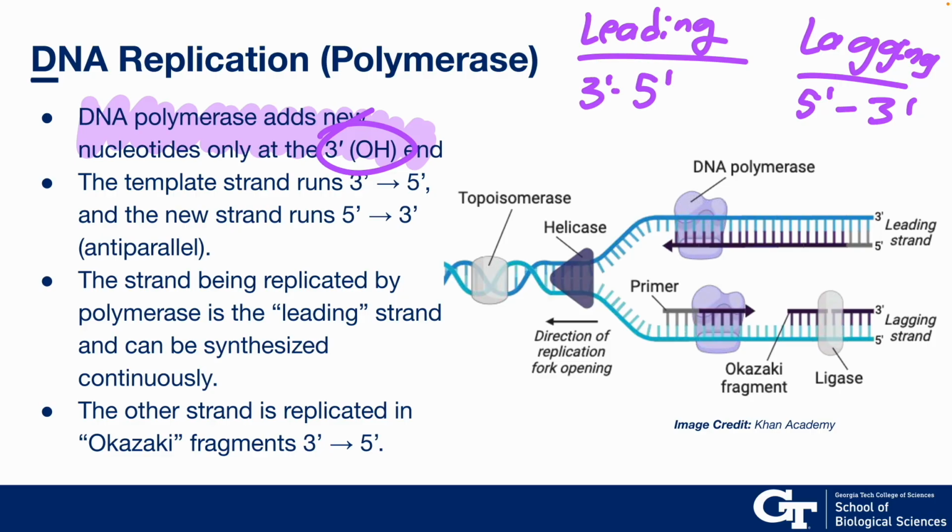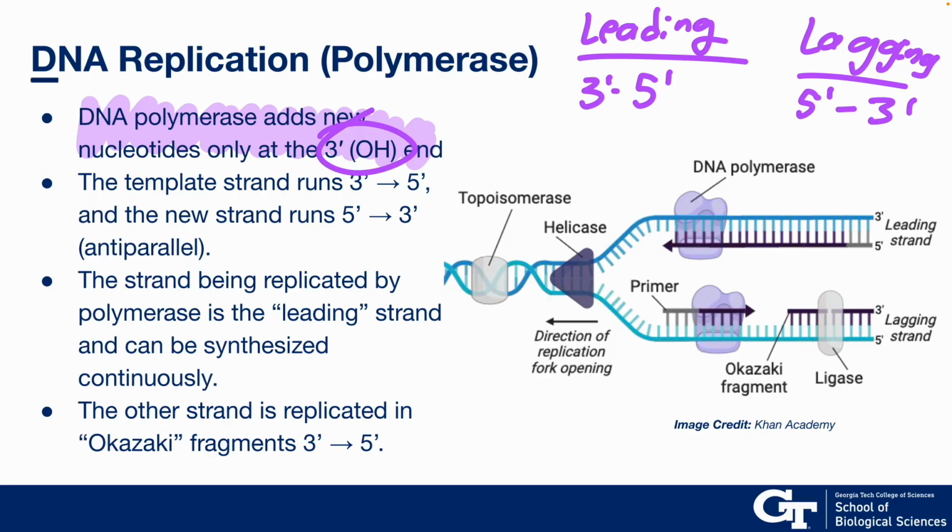So what happens? Well, we have our leading strand here, the helicase is unzipping it, and the DNA polymerase is following right behind because DNA polymerase is going to bind at this 3' end, and it's going to make a new strand going from 5' to 3'. Well, what about the other strand? The lagging strand runs from 5' to 3'. Can polymerase bind to 5'?